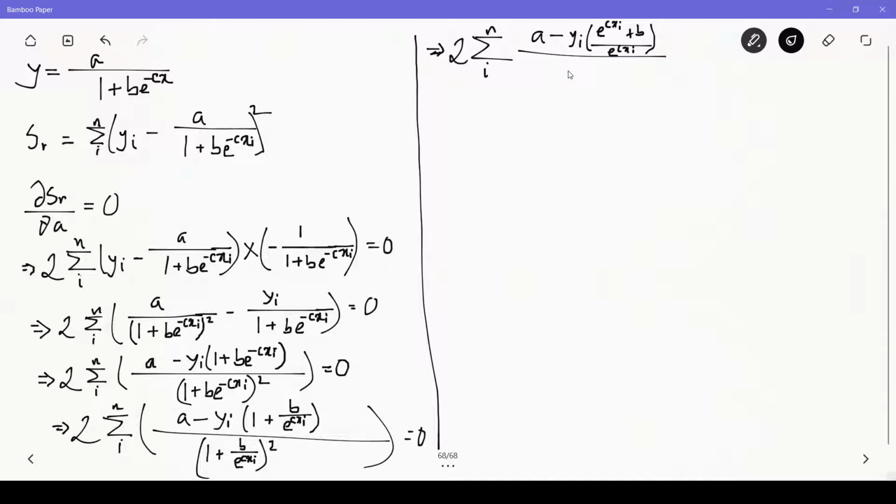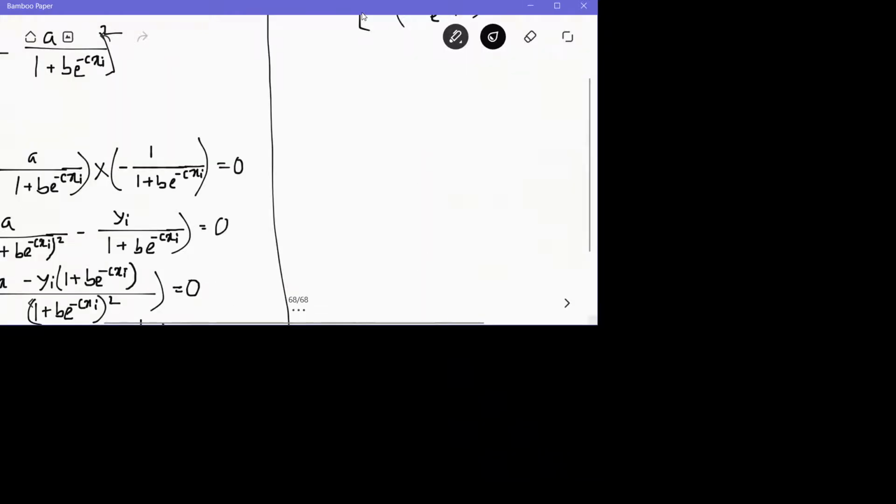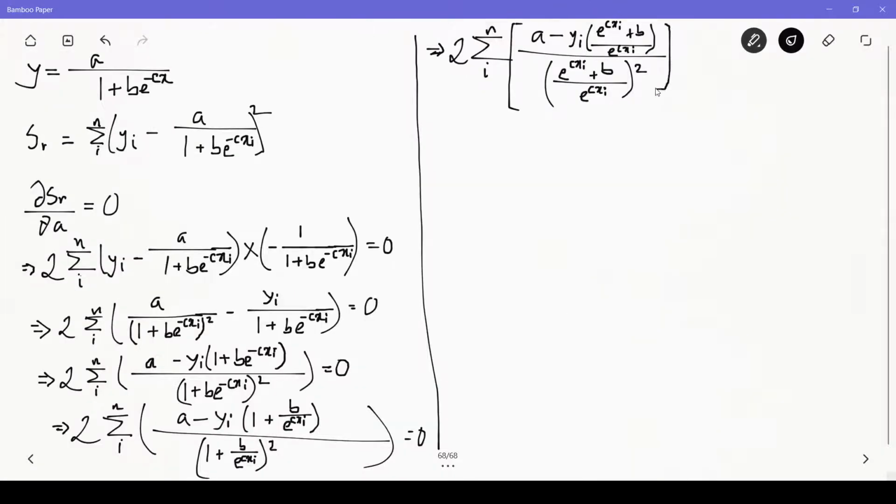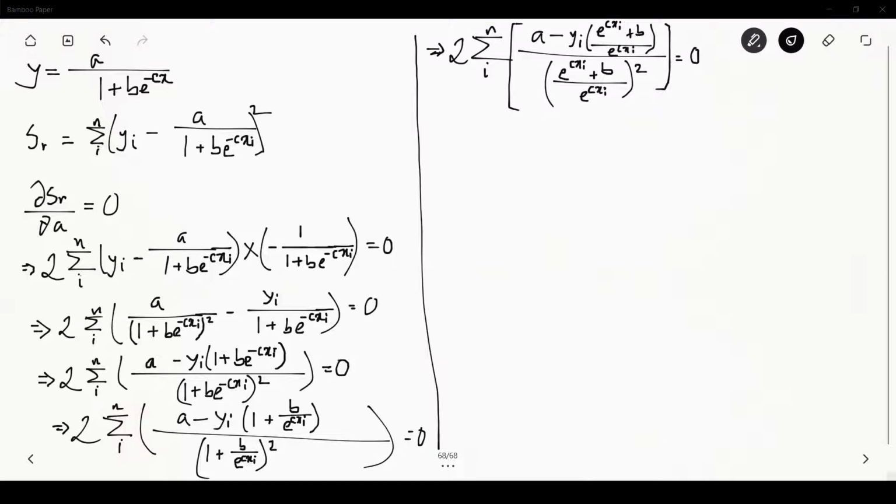And at the denominator we can do the same thing, which is e to the power cxi plus b divided by e to the power cxi, right? And since we have a whole square over here, there will be a whole square over here also. So this whole thing is equal to 0, right?